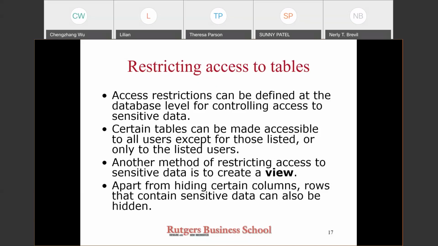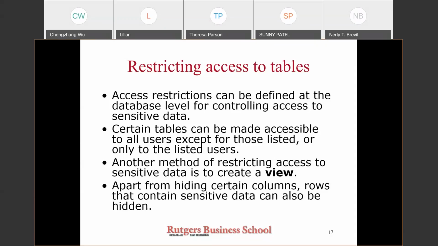All users can be given permission to access this view, but only a few individuals would be granted access to the actual employee table. Apart from hiding certain columns, rows that contain sensitive data can also be hidden.